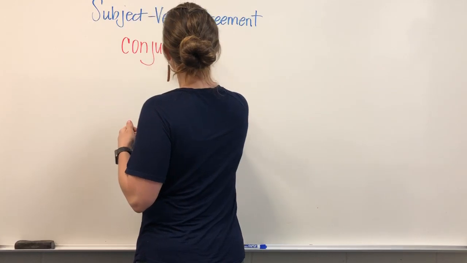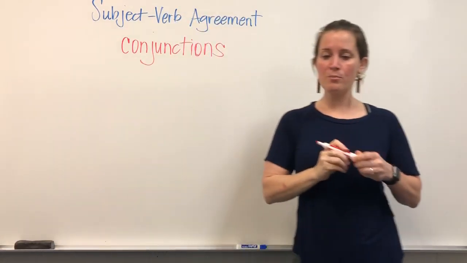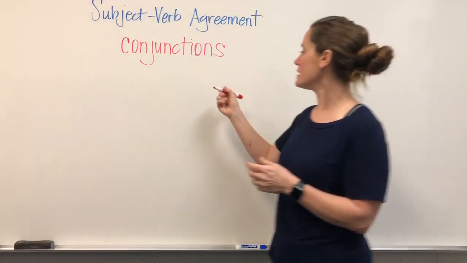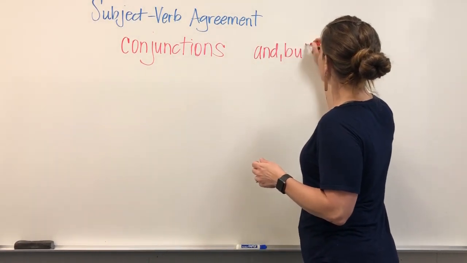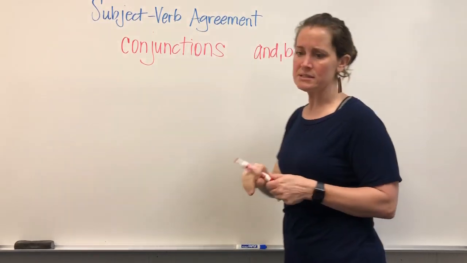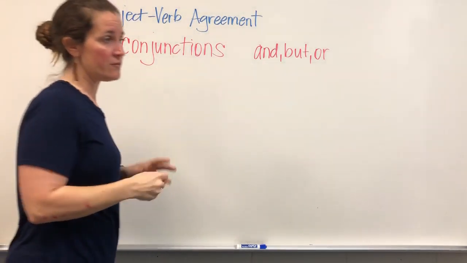There's actually several conjunctions, but the ones that we look at the most as far as making things compound or combining things are and, but, and or. Okay, so these conjunctions are the ones who help us with compound subjects and verbs.